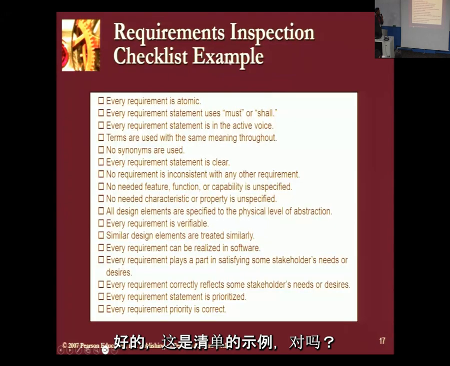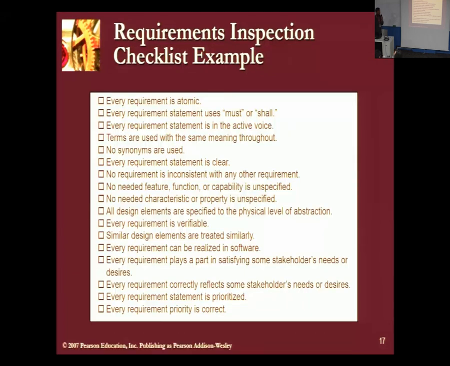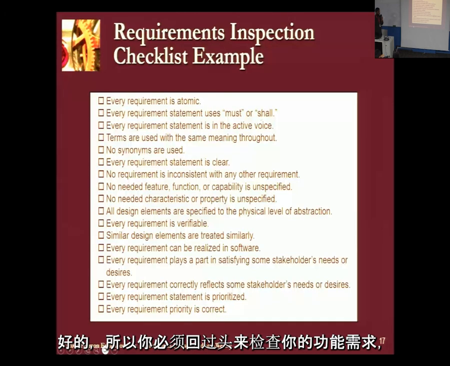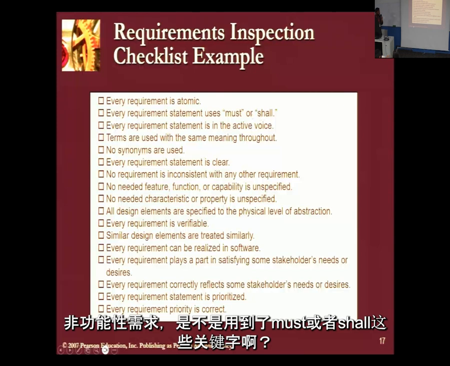So this is an example of a checklist. Every requirement is atomic. Is it atomic by behavior, by nature? You have to see whether all requirements are atomic or not. Every requirement statement uses must or shall, so you have to cross-check whether your functional and non-functional requirements use these keywords of must or shall.